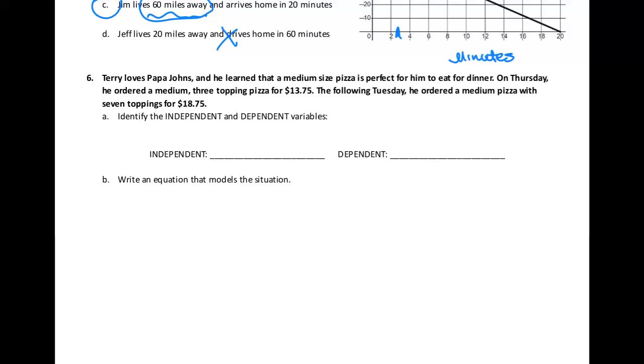Okay. All right. So, independent and dependent variables. What do you think we're talking about? It is not necessarily time. I'm going to say independent is going to be... it's not number of pizzas, number of toppings.